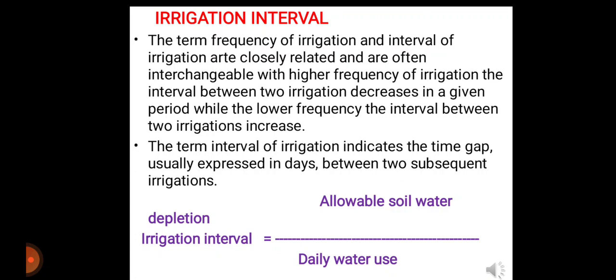The term interval of irrigation indicates the time gap, usually expressed in days, between two subsequent irrigations. Basically, irrigation interval is equal to available soil water divided by daily water use.